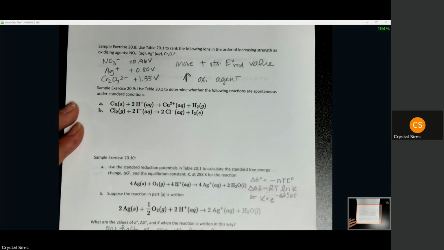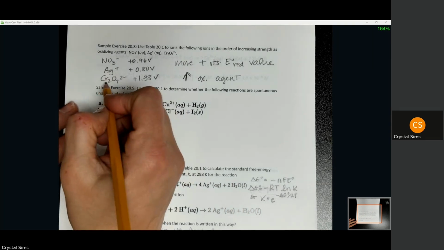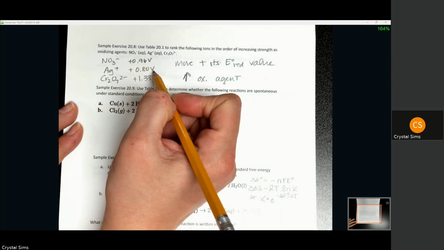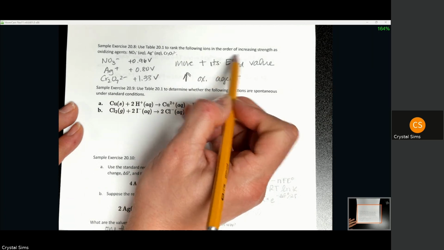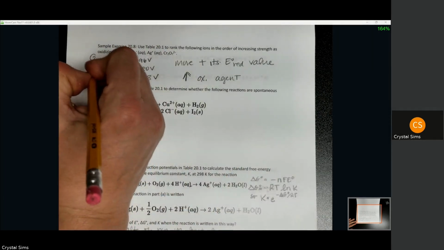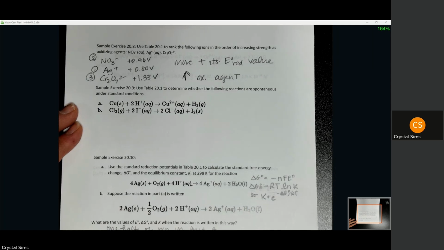Okay. So when we look here, we see all of them are positive, but we're looking at the more positive. The highest possible value is going to be the chromate ion. The least is silver, and it asks us to rank these in order of increasing strength. So silver is the least, nitrate in the middle, and then the chromate ion is the strongest.